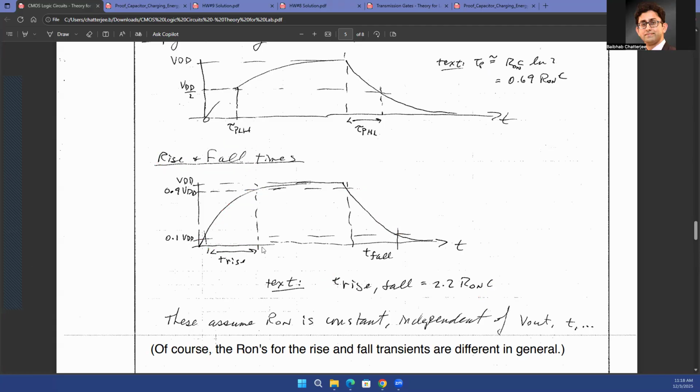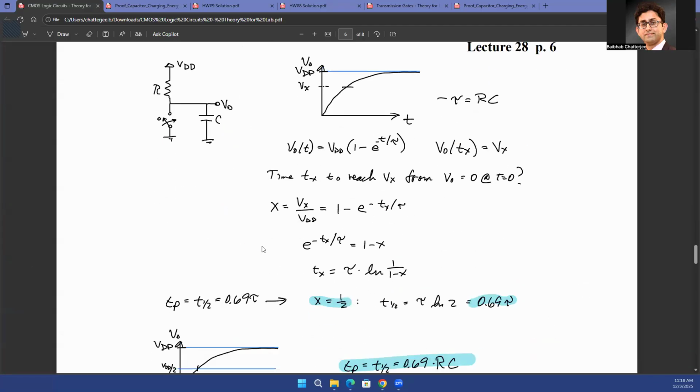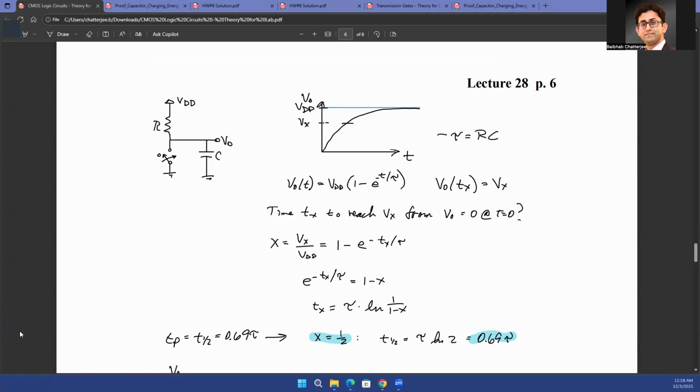All right, so let's now see why that equation is true. If you're thinking about RC time constant, let's say you have a resistance and then you're charging this capacitor. So the capacitor charging profile will look something like this on the right-hand side. And you know that tau, which is RC, is the time constant for that capacitor charging. What is the equation of the capacitor charging?